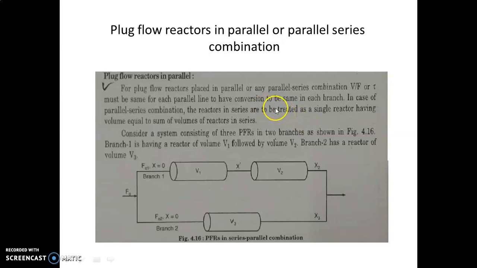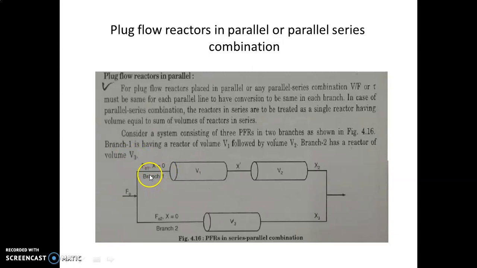This means if we have a parallel series combination system, consider 3 plug flow reactors. Out of these 3 plug flow reactors, there are 2 branches.